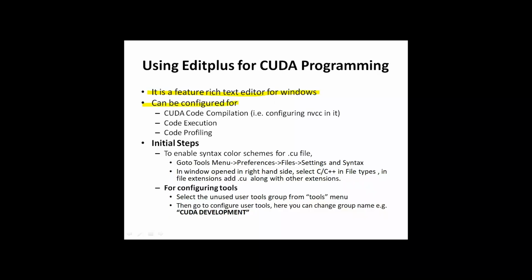We can configure anything into this. We can configure CUDA code compilation, we can configure execution of our code, and we can also configure code profiling. So what are the initial steps we have to do for Edit Plus? Of course, you can download it and use it.